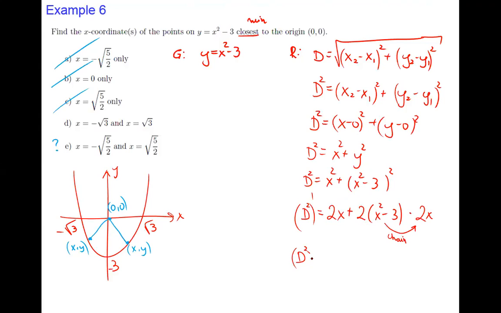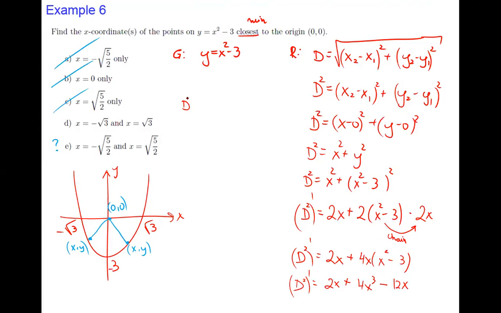Let's simplify. 2 times 2x is 4x. Wow, the derivative is not as easy as I expected. 4x cubed minus 12x, right?